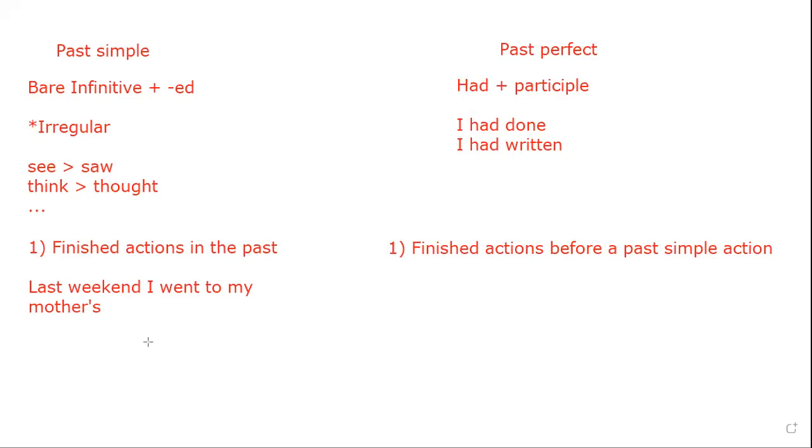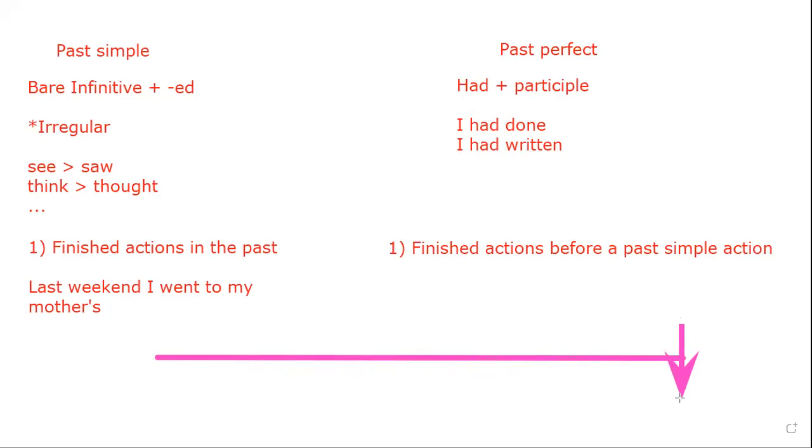And let's imagine we've got a timeline. So here would be the present. I'm going to write P. And so here we will be having an event occurring in the past. Let's say 2 days ago.